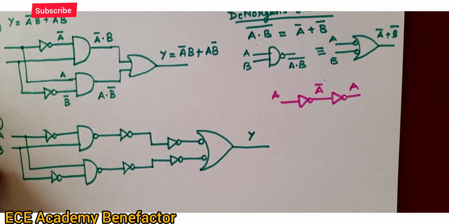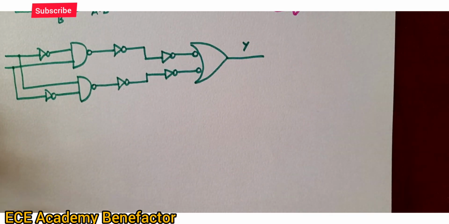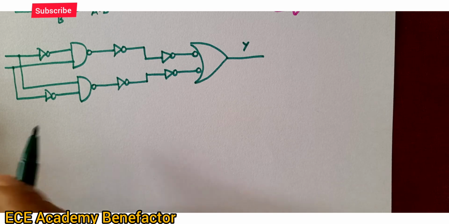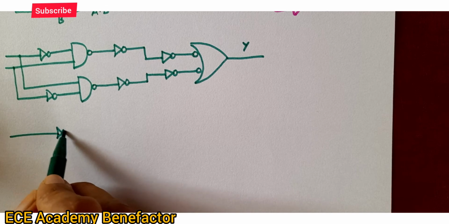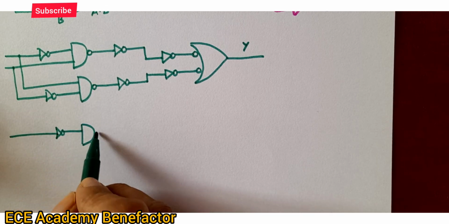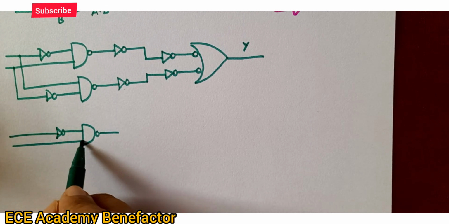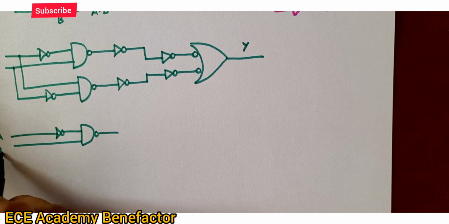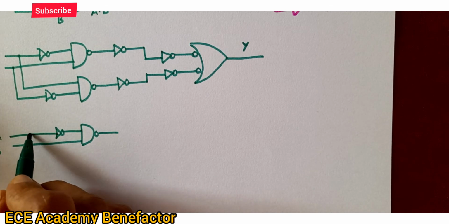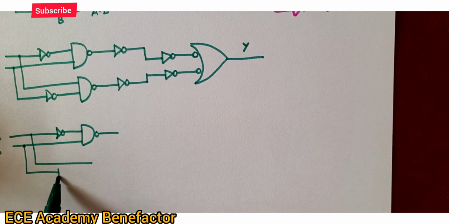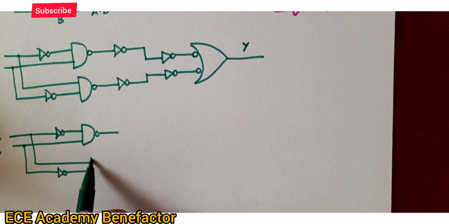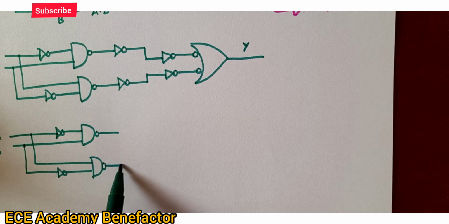So, what can we draw here now? We can remove these two NOT gates. A, A bar, B: you will get A from here and from here B bar, give it to a NAND gate.